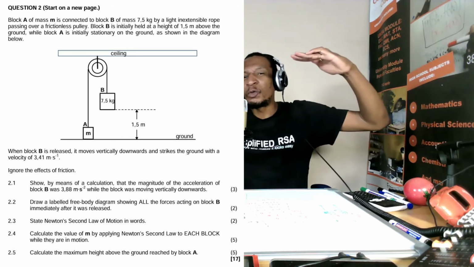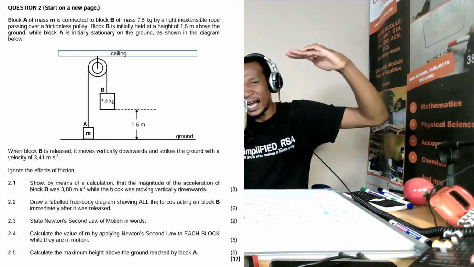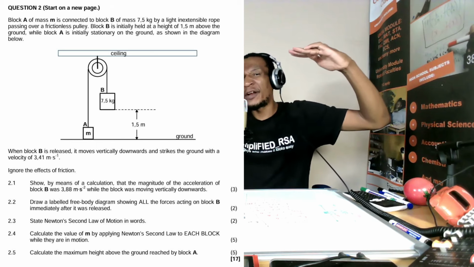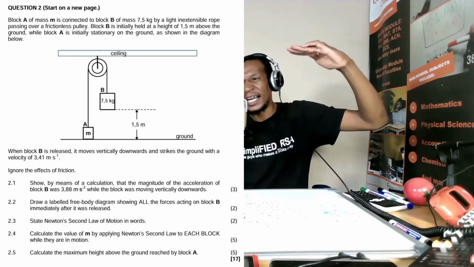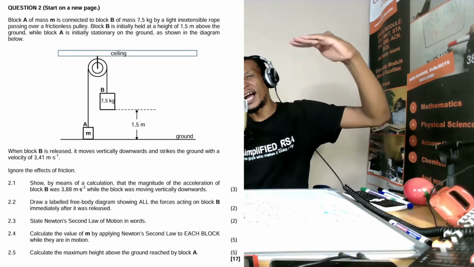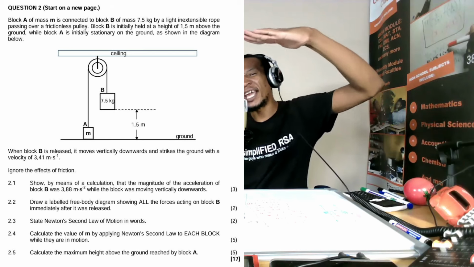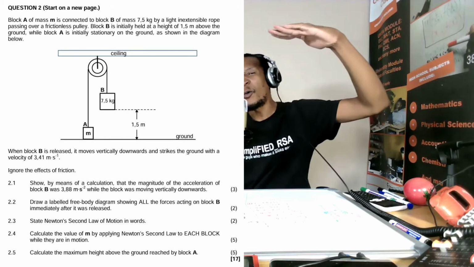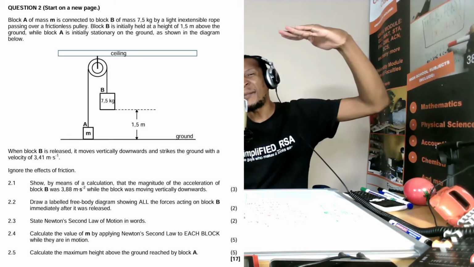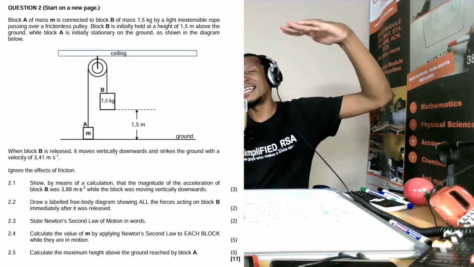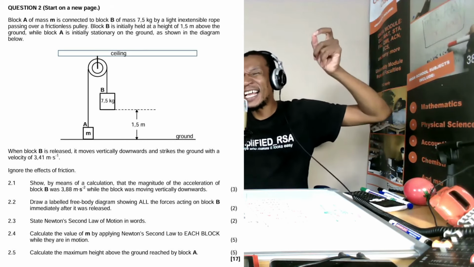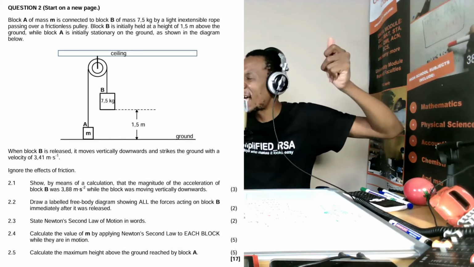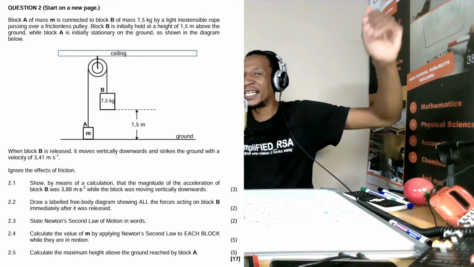We know that when block B is going down, as it was 1.5 meters above the ground, as it pulls down and block A is going up, at some point, block A will cover the very same 1.5 meters. But somehow it shows that it went extra high. So now we need to know the highest, the maximum height, the highest block A has gone.